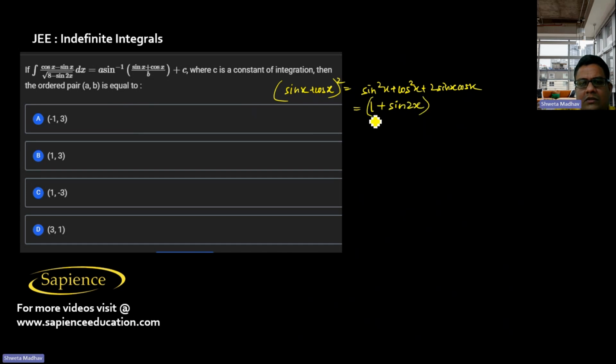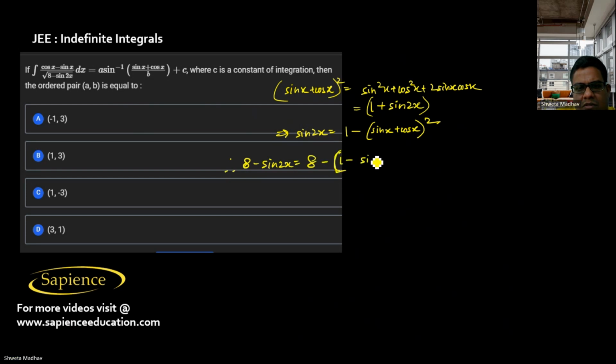So therefore sin 2x we can write as sin x plus cos x whole square minus 1. So this 8 minus sin 2x we can write as 8 minus of sin x plus cos x whole square minus 1.